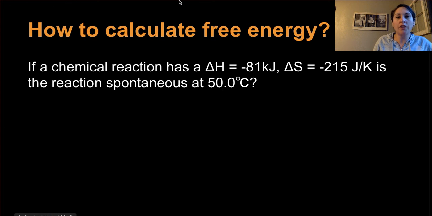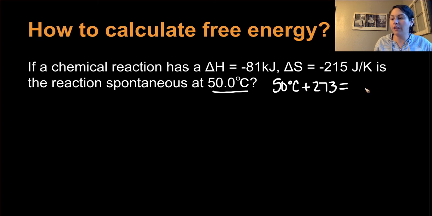So there's a couple things we need to do here. One of them is we first need to get this from Celsius into Kelvin. And so I'm going to take my 50 degrees Celsius plus 273, which is going to give us a value in Kelvin, and that is going to be 323 Kelvin.